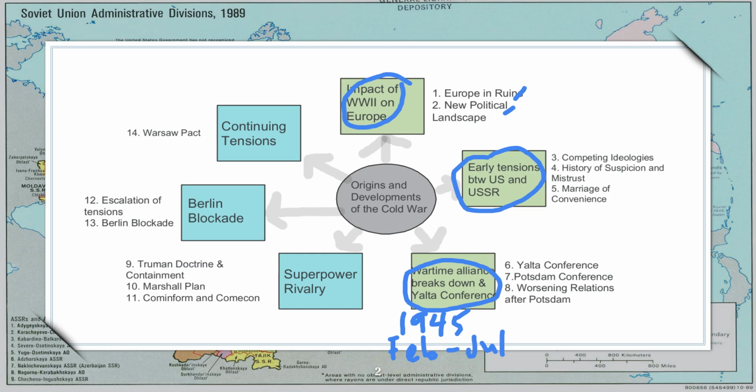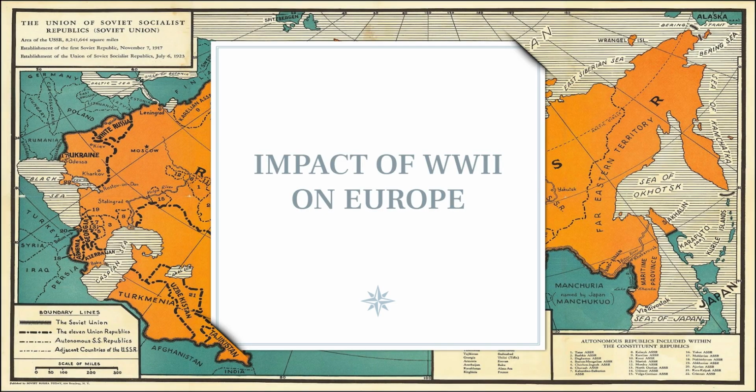The factors we have for now are the factors that actually contributed to the tensions and ultimately contributed to the outbreak of the Cold War. The next few things will be events that happened during the Cold War. As mentioned, the first bit here is how World War II impacted Europe.